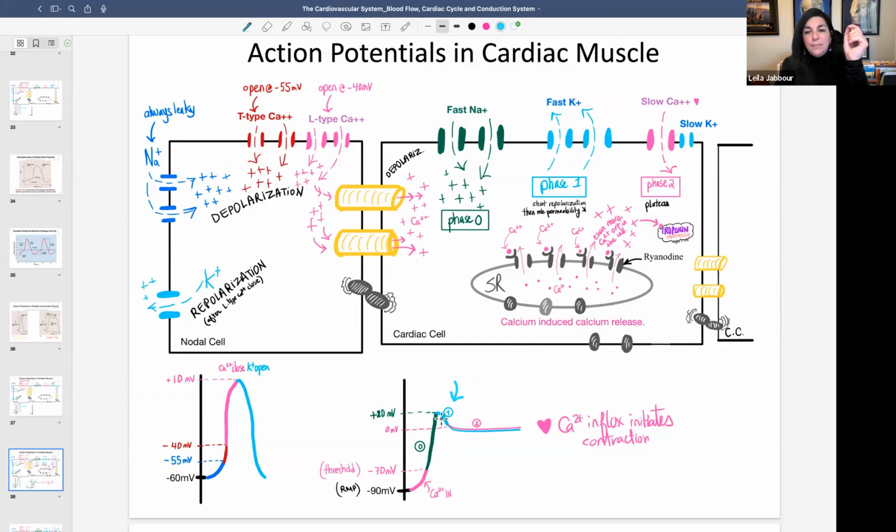What picks up afterwards is the opening of calcium channels, allowing calcium ions to come in. And because calcium ions are coming in and potassium ions are still going out through these fast channels, even though the membrane permeability is decreasing, it's like they're fighting over who's going to depolarize. No, I want to repolarize.